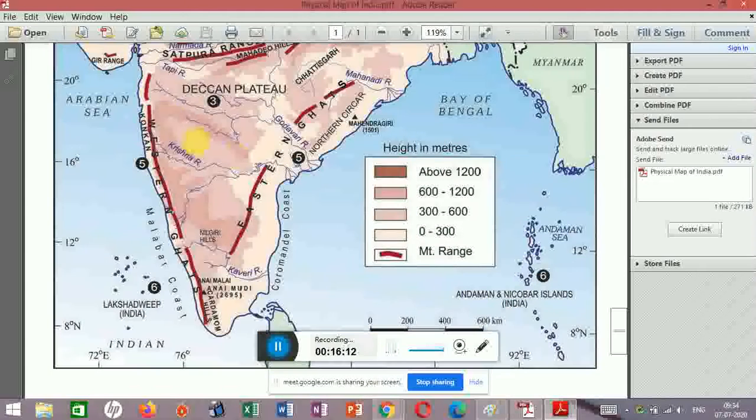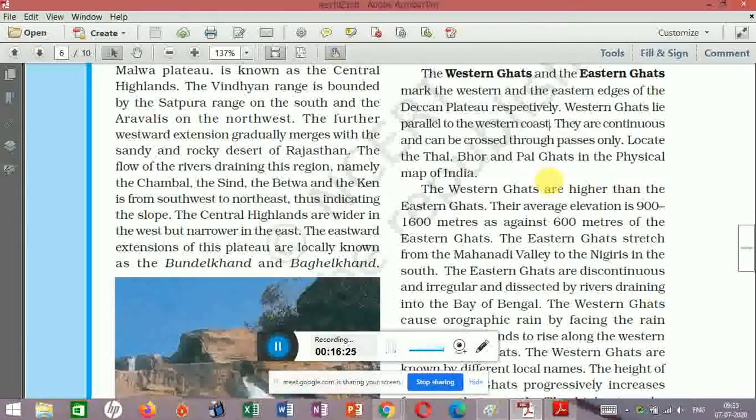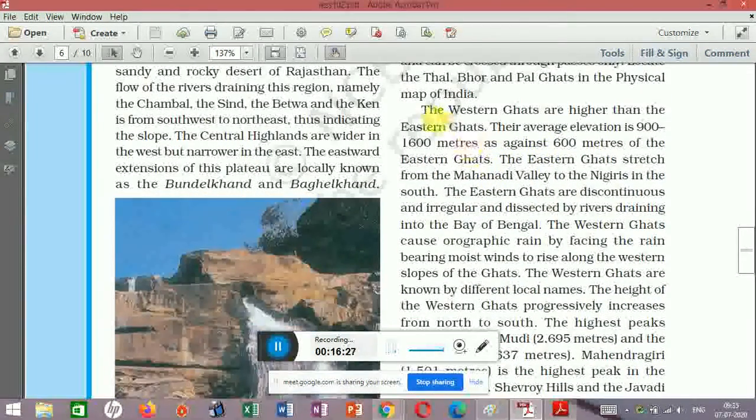And see here, this is the Western Ghats, and this is the Eastern Ghats. Now let us compare. See, let us read this area.